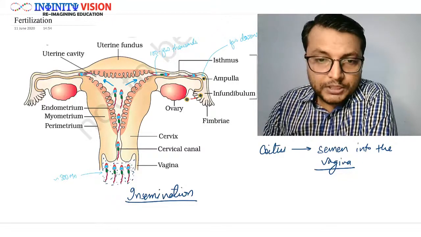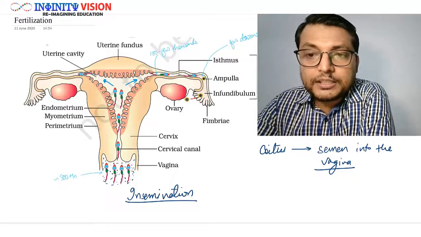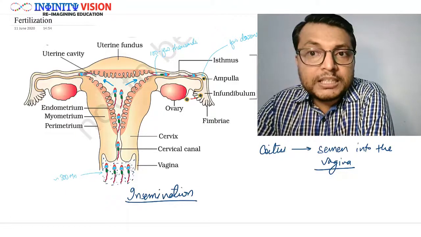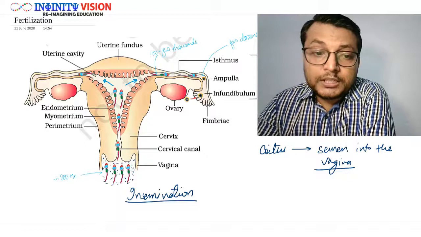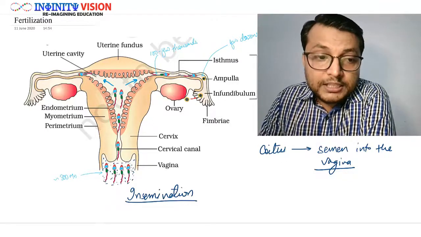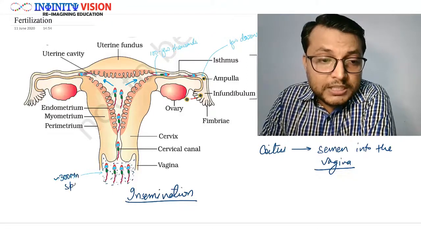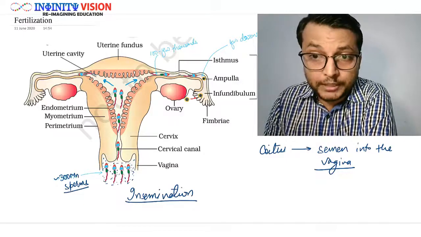Now we have already studied the composition of semen, and we know that in one ejaculation the semen contains on an average about 300 million sperms, or spermatozoa.